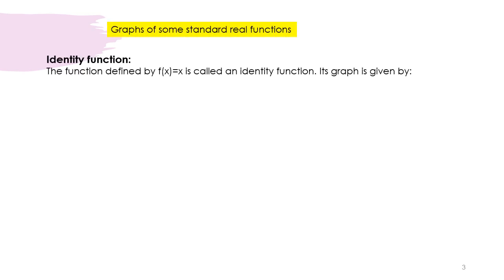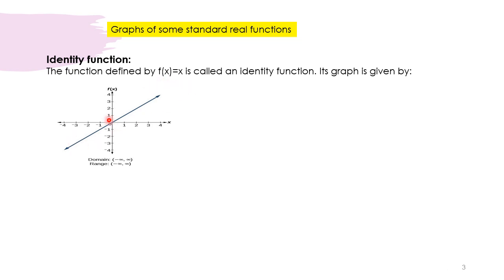Now, taking graphs of some standard real functions which we will be using in our syllabus, specifically in studying calculus. So, the identity function. Whenever we take f(x) = x, that is called the identity function. If you write y = f(x) = x, it's basically y = x.